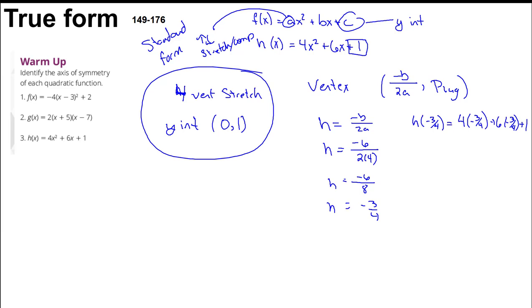Which when you do that, you should end up with negative 5/4. And so our vertex is negative 3/4, negative 5/4. But it's asking us for axis of symmetry, so axis of symmetry is equal to x equals the x value of your vertex.